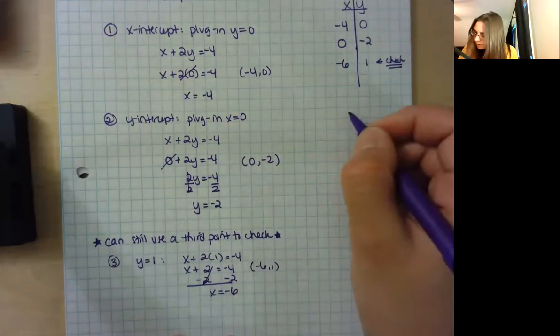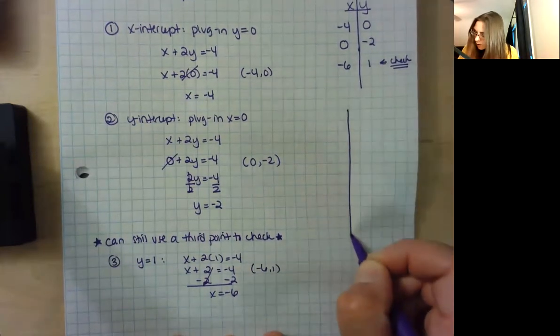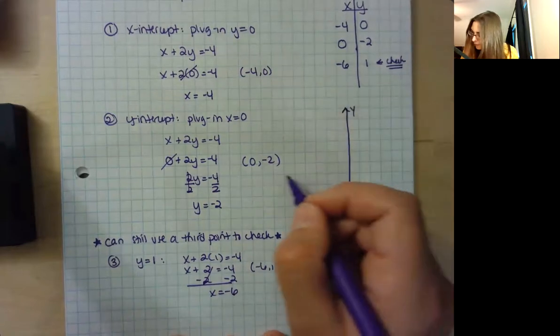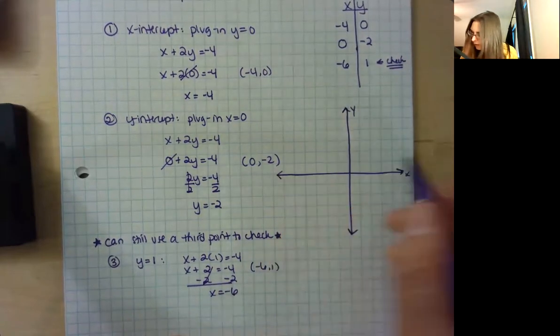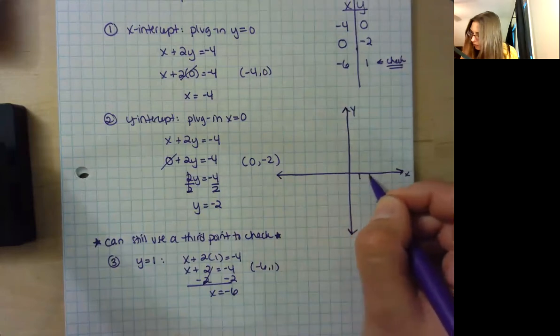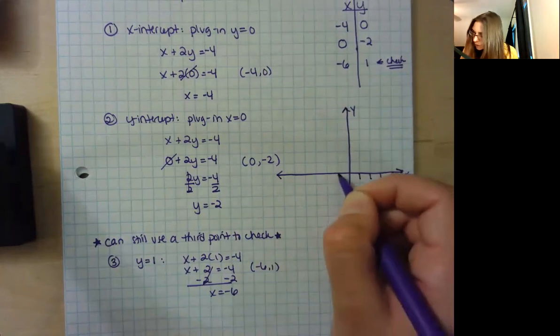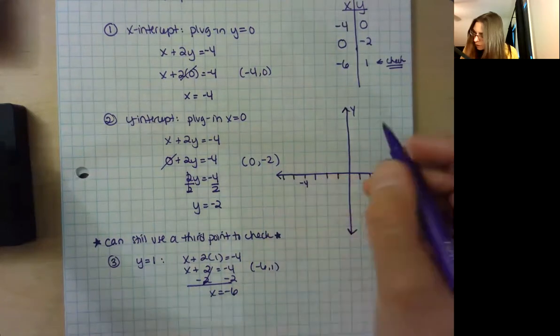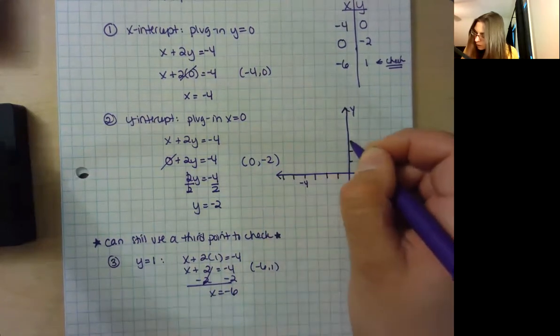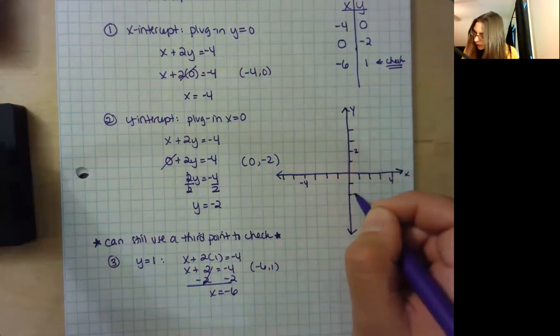So let's go ahead and draw my picture. So I have 1, 2, 3, 4, -1, -2, -3, -4 there, 5, 6, 1, 2, 3, 4, -1, -2, -3, -4.